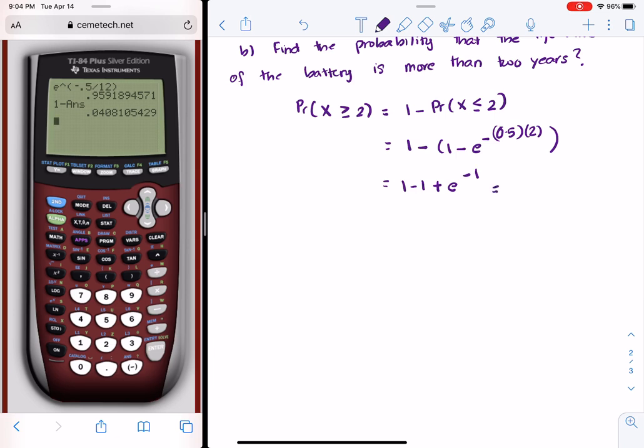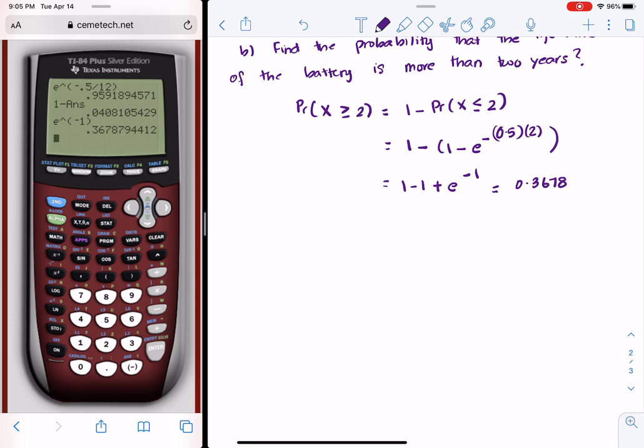And that would give us 0.3678. So the probability that the battery would last for more than 2 years would simply be 36%.